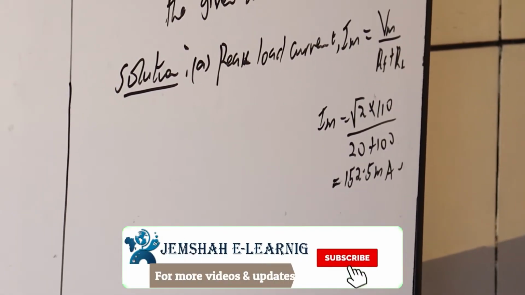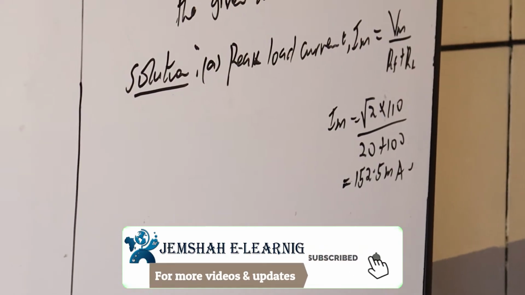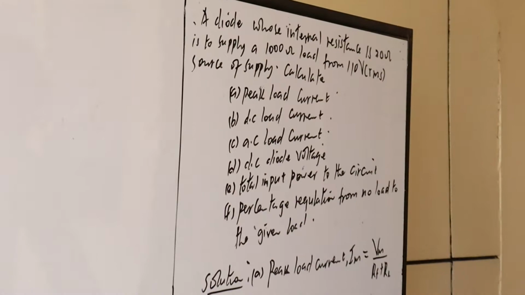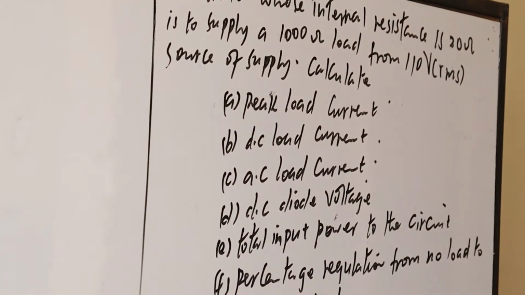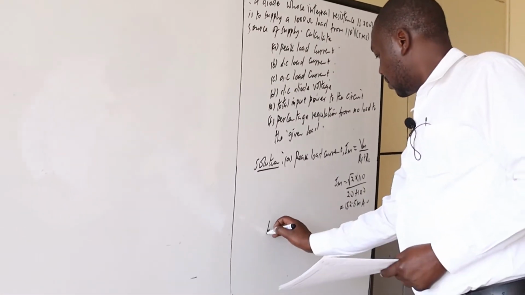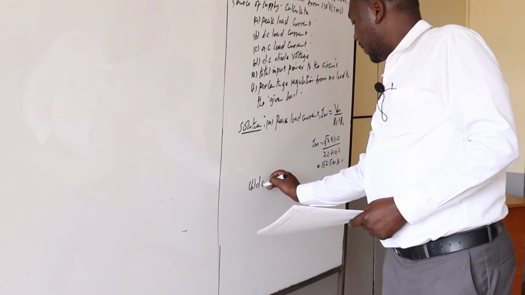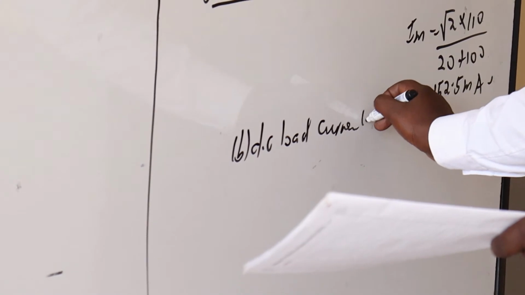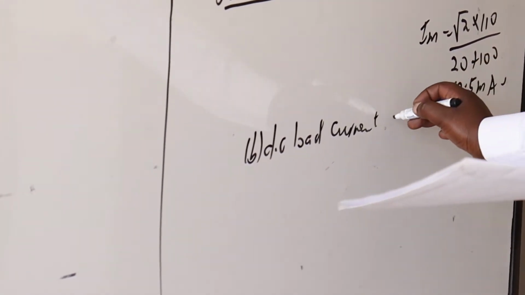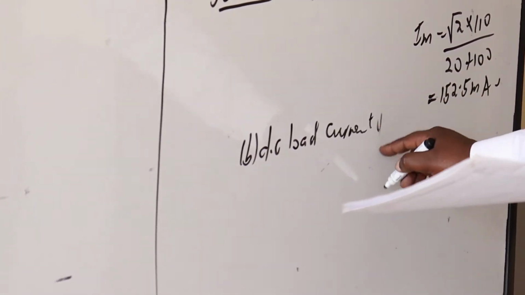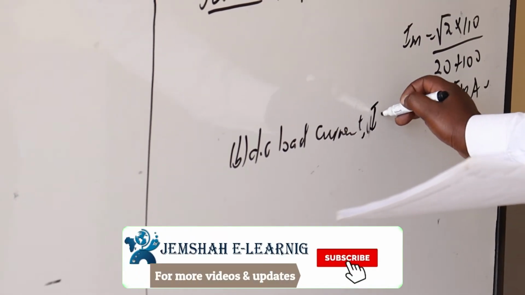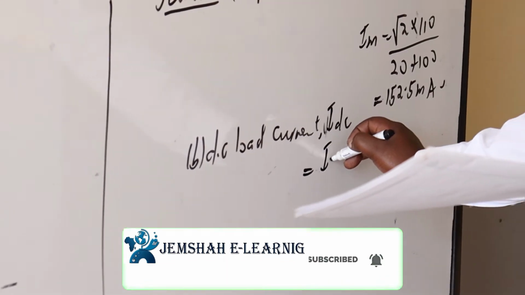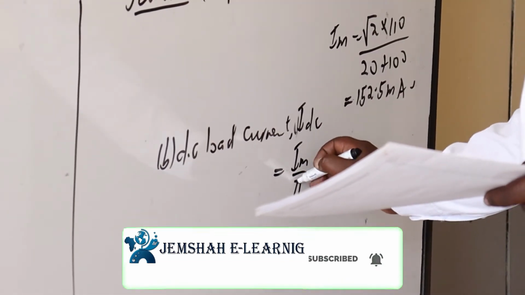So now we can get the DC load current. So part B, DC load current, that is what we call the IDC, is given by IM divided by pi.